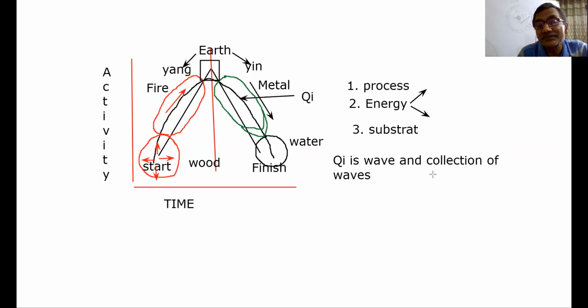Waves. How will you know this chi is yang dominated or yin dominated? You will have to identify the energy. So you will have to see the waves. The larger and longer waves means it is more yang, probably. That is also I'm saying probably, because with context, this definition may also change. And the smaller steps, it is yin.